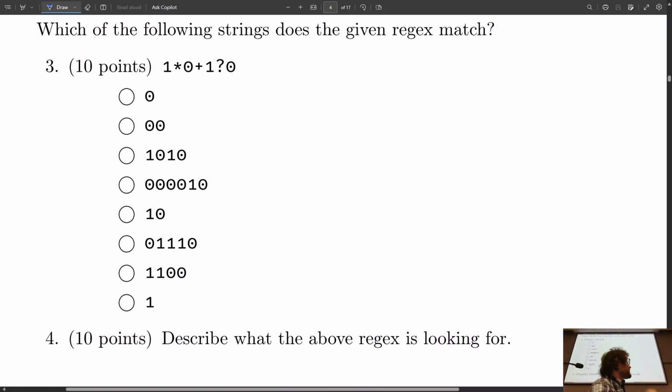All right. So let's go through this one at a time. And by one at a time, I mean one answer. Basically, we want to see, would this be found by this regular expression? I see 1 star, at least 0 ones, at least no ones.